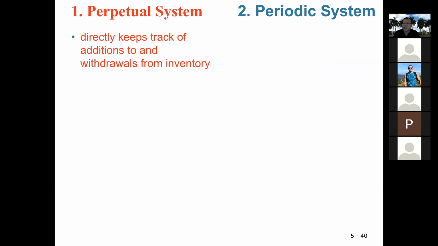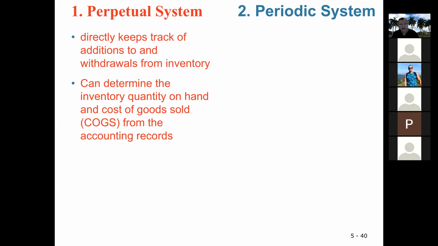Okay, for each transaction, you are scanning the barcode, right? Your system knows right away that your inventory level of the pencil boxes is down by 5 units. So they directly keep track of the additions or withdrawals from the inventory, and you can expect how much inventory is left.